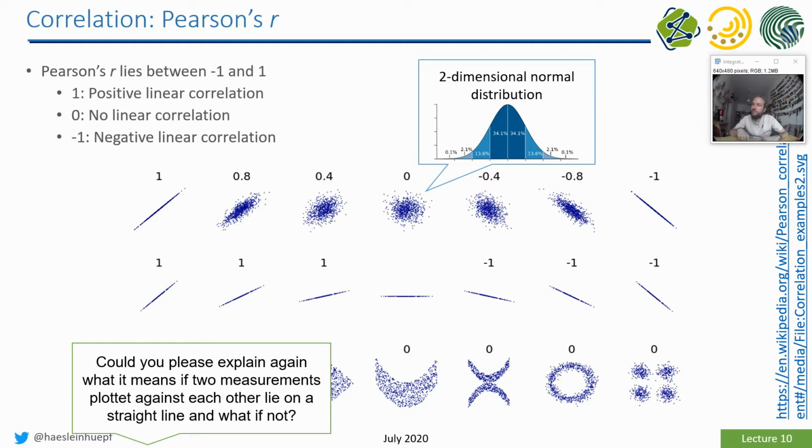That means they are strongly correlated. They can also lie on a line going in a different direction. That means a strong negative linear correlation. And linear correlation basically means you apply a factor to measurement number 1 and you get measurement number 2 out. So this is a linear relationship, like with the linear filters introduced earlier. A simple factor allows you to go from the one to the other.